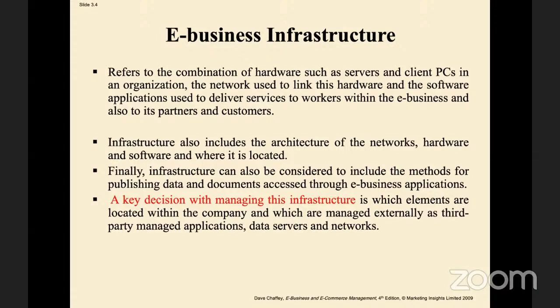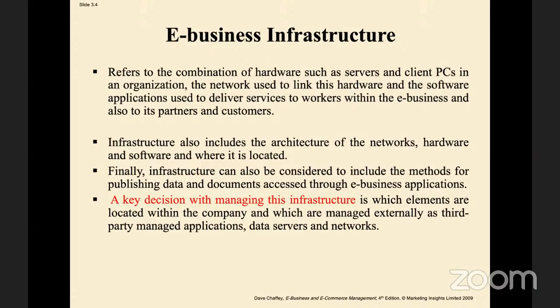E-business infrastructure refers to the combination of hardware such as servers and client PCs in an organization, the network used to link this hardware, and the software applications used to deliver services to workers within the e-business and also to its partners and customers. So basically it is a networking infrastructure that connects the business, the partners and the customers to perform certain types of e-business activities.